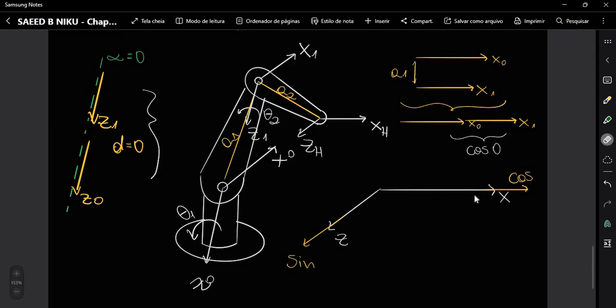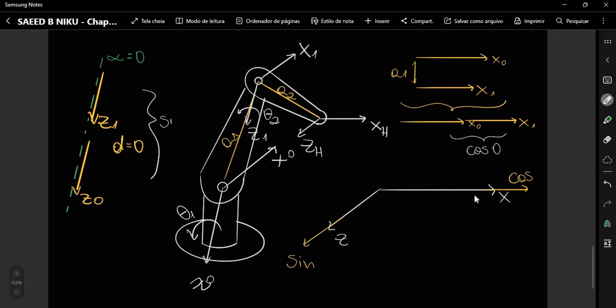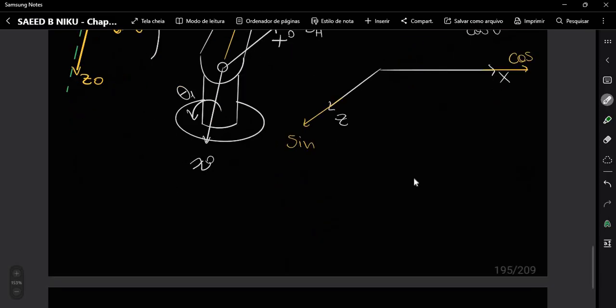Okay, sorry, the axes, they are not decomposed in any component.